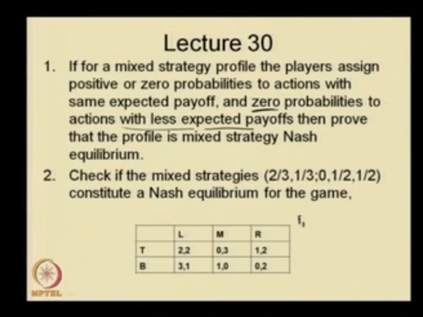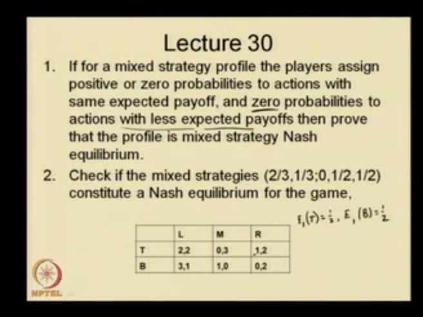Expected payoff to player 1, that is the row player from T, given that the other player is playing with this probability. So, what is the expected payoff that this player is getting from T? It is half, and from B again it is half, right?